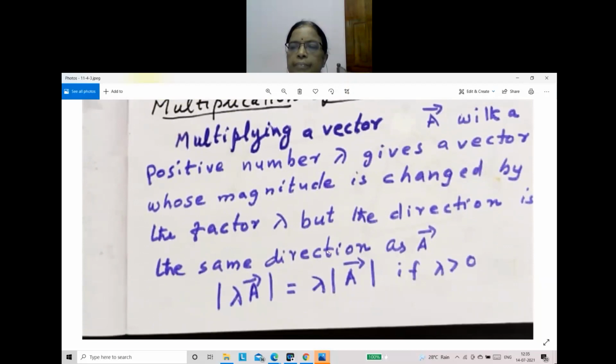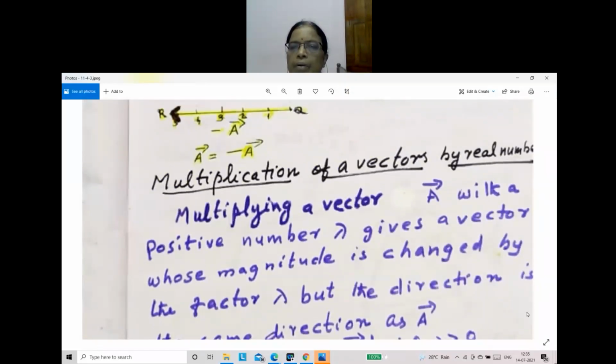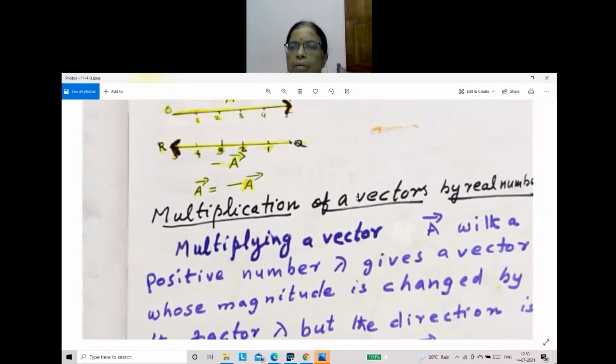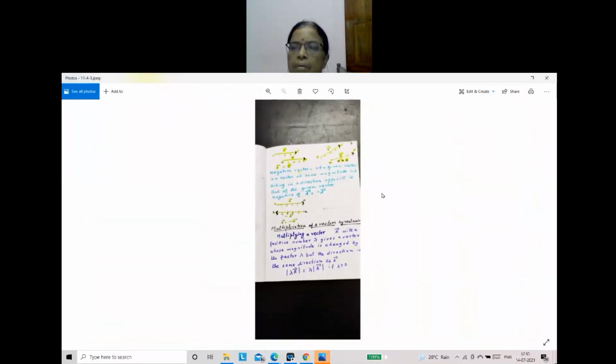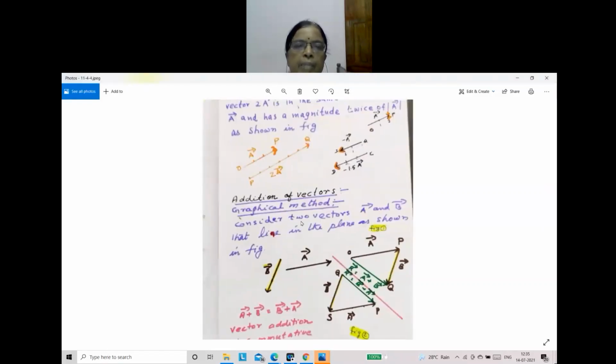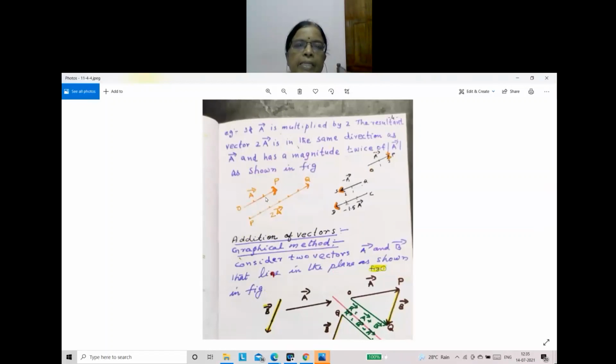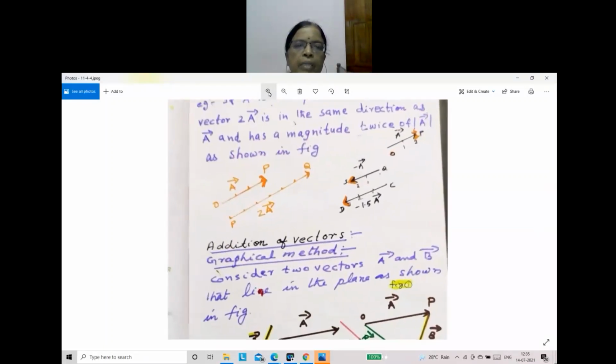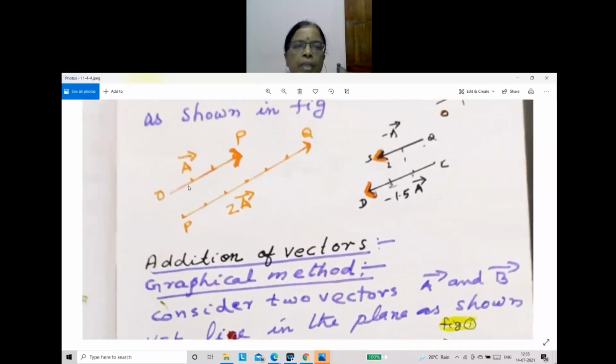Next, multiplication of a vector. Vector A has 3 centimeter length.